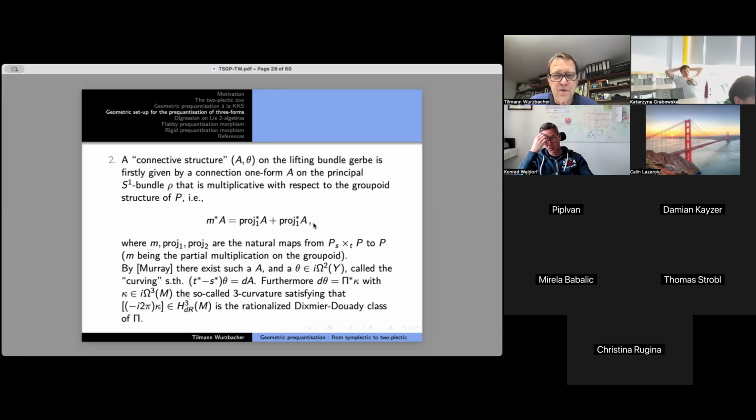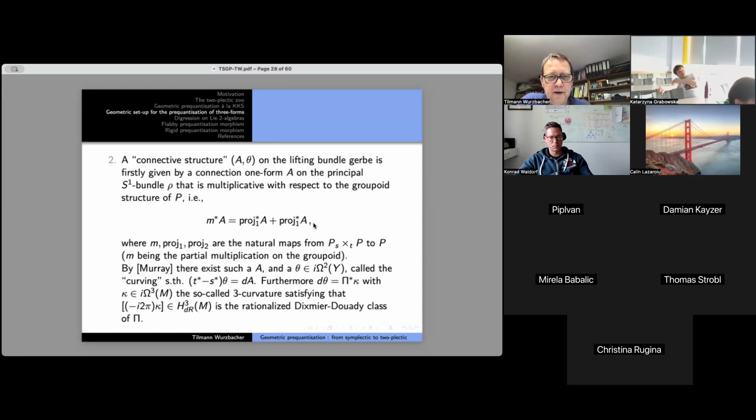And second, there is a theta on Y, with a property that, well, it's i R valued but that's not important, so that if you take dA, this is an i R valued 2-form on the total space, this equals the pullback, the difference of the pullback by the target and the source applied to theta. Okay, this is what is called a curving.